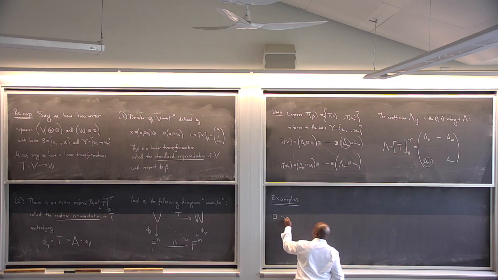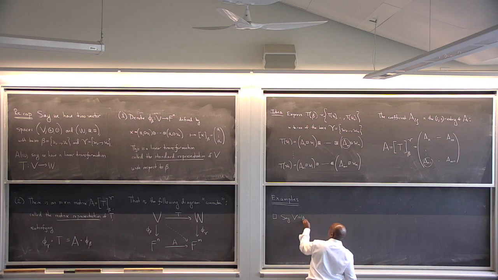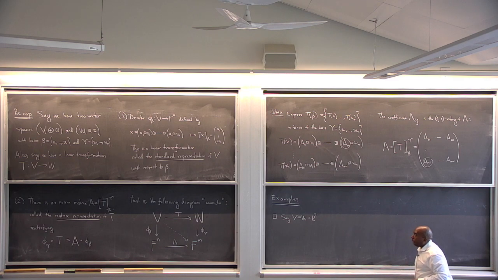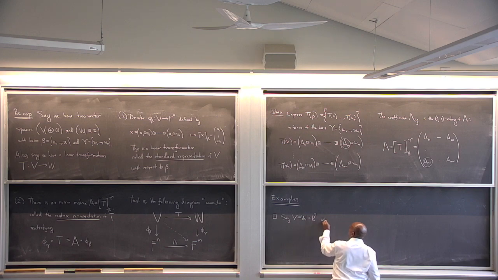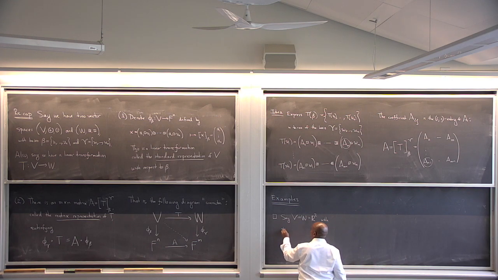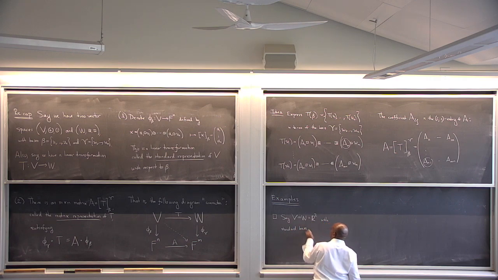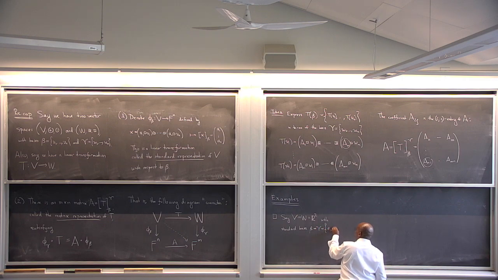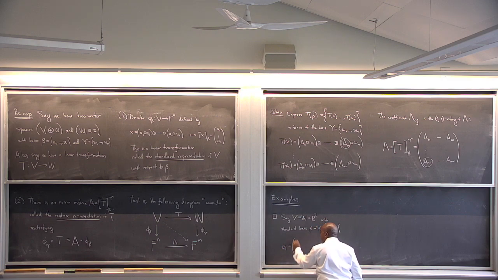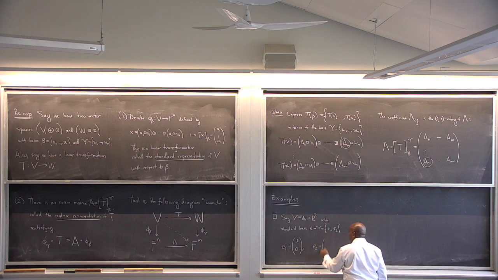Let's say for the moment that V and W are both R2, and gamma and beta will be the standard bases. So just to remind you, e1 is this vector (1, 0), and e2 is this vector (0, 1).